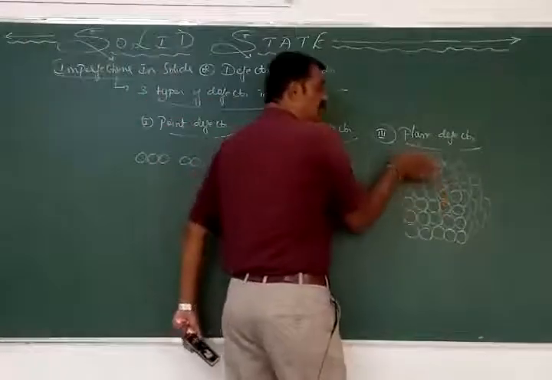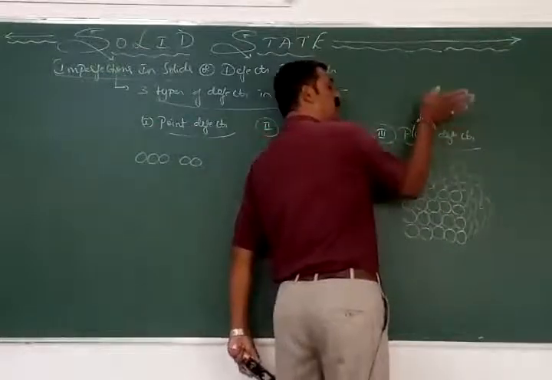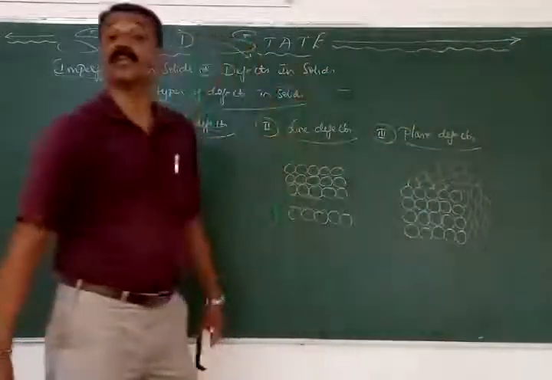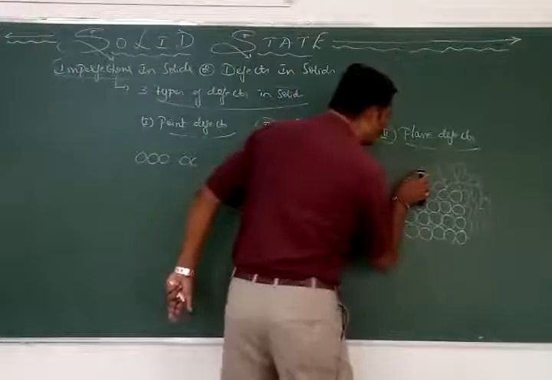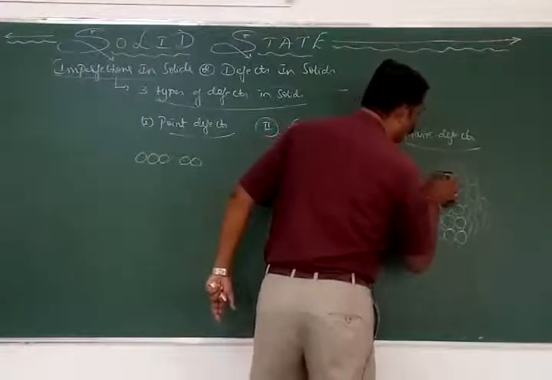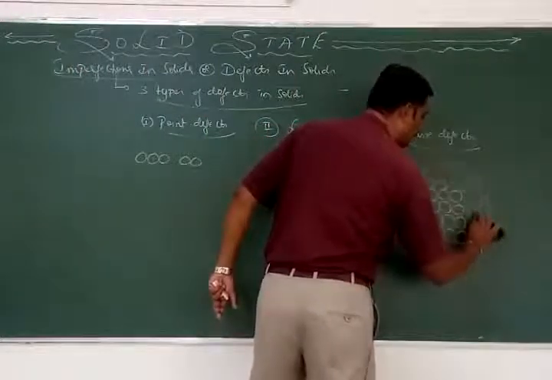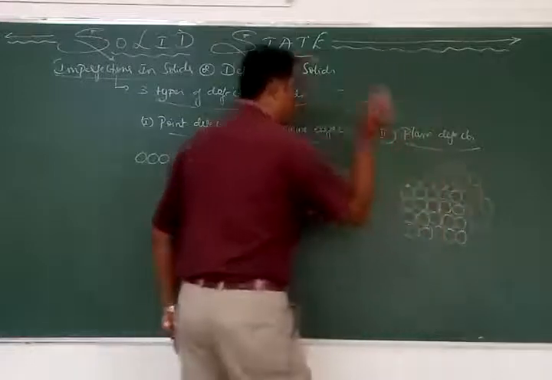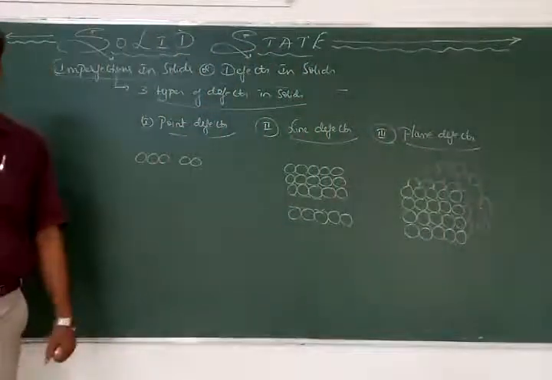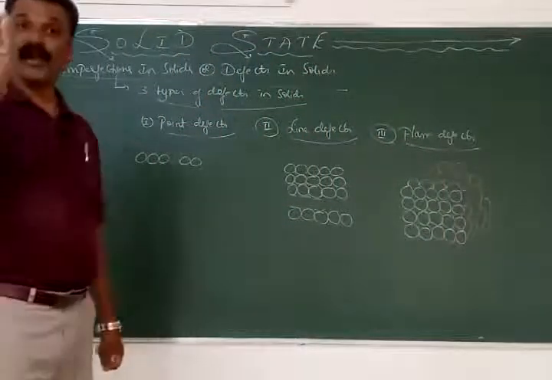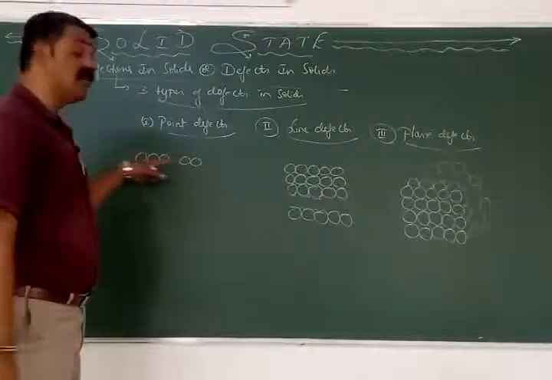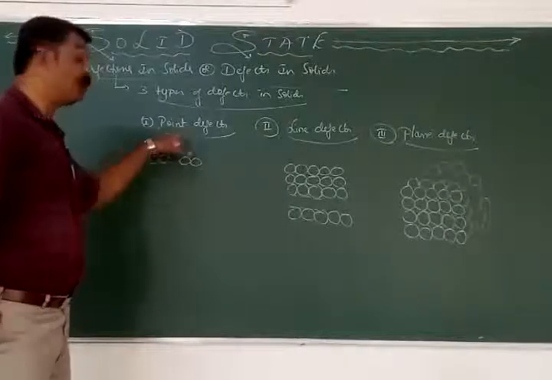Then what is the plane defect here? This is the first plane, this is the second plane, this is the third plane, this is the fourth plane, this is the fifth plane, and so on. We are having a three-dimensional nature. Suppose the whole plane of particles gets disturbed, then it is called as which one? The plane defects. If only one particle gets disturbed, it is a point defect.